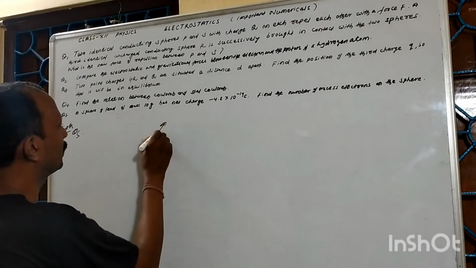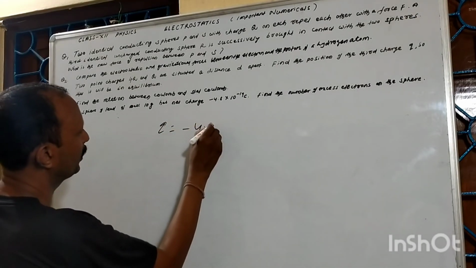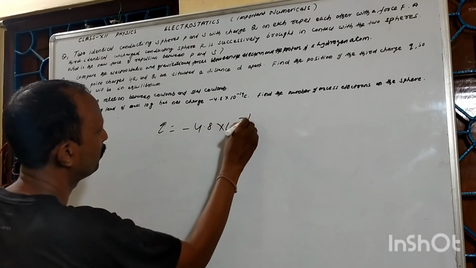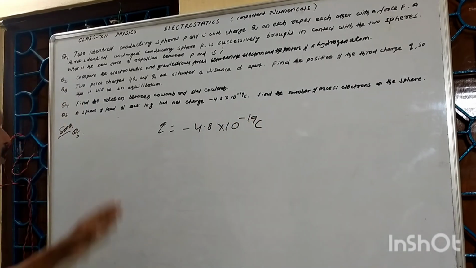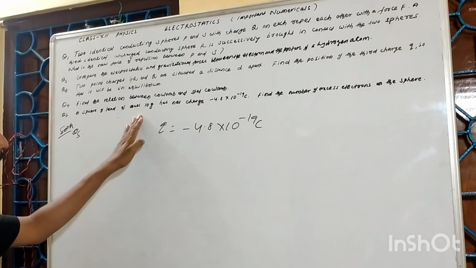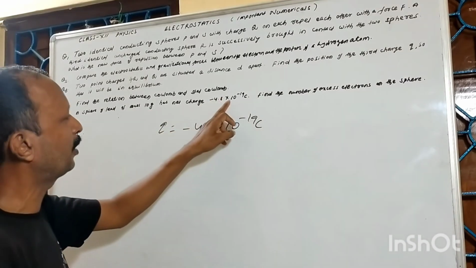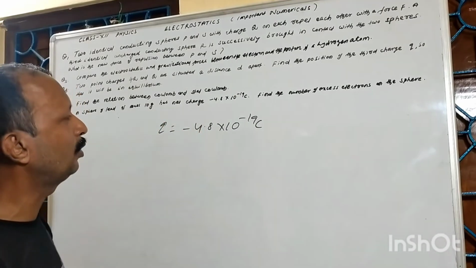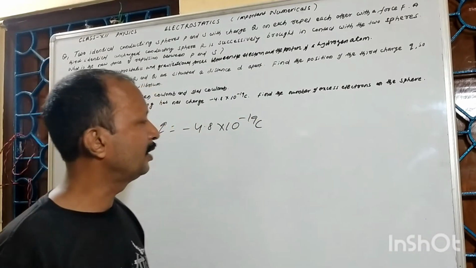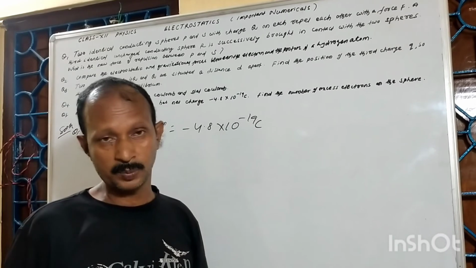That means Q is given as minus 4.8 into 10 to the power minus 19 Coulomb. Find the number of excess electrons on the sphere.